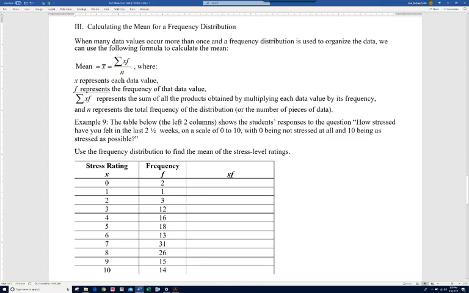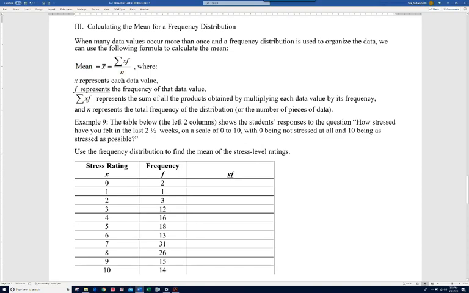So in these last two slides, we're going to be finding mean and median when we have a frequency distribution table, and it just takes a little more work to find the mean and the median. Notice it says here, when many data values occur more than once and a frequency distribution is used to organize the data, we can use the following formula to calculate the mean.